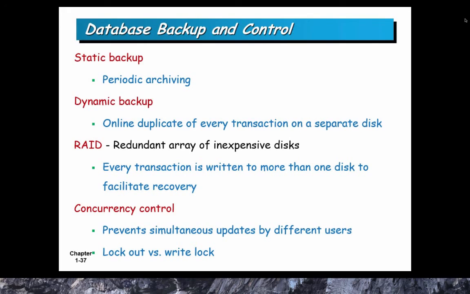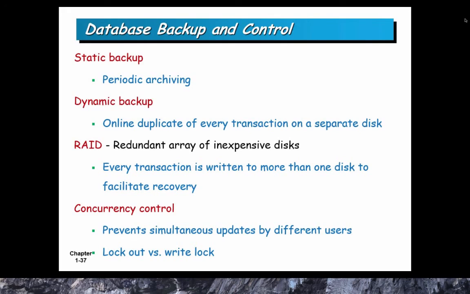One way of doing dynamic backups is RAID technology. We mentioned it before. And when I mentioned it last time, I said, I don't remember what it stands for. Now I remember, because I wrote it down. It's a redundant array of inexpensive disks. Redundant array of inexpensive disks, RAID. So you have multiple disks at the same time. Every transaction is written to more than one disk.